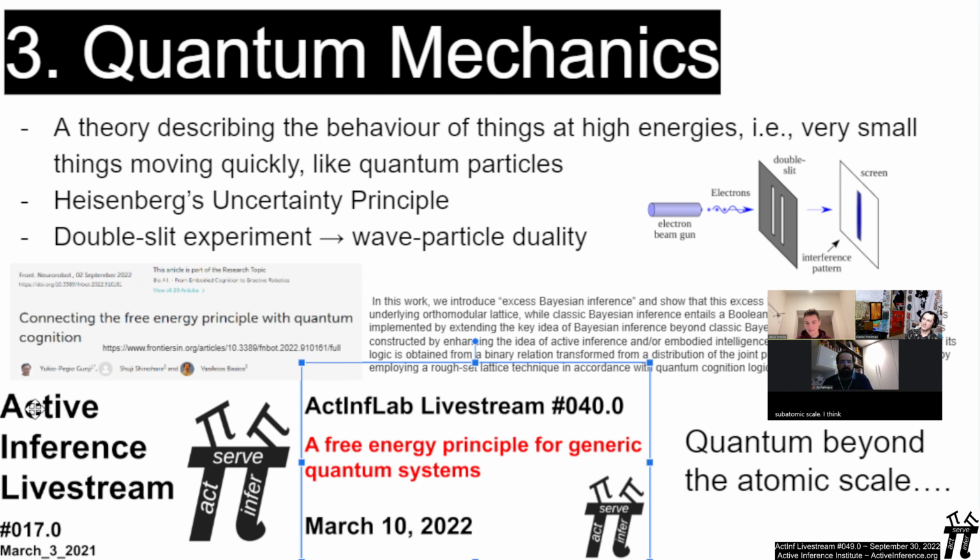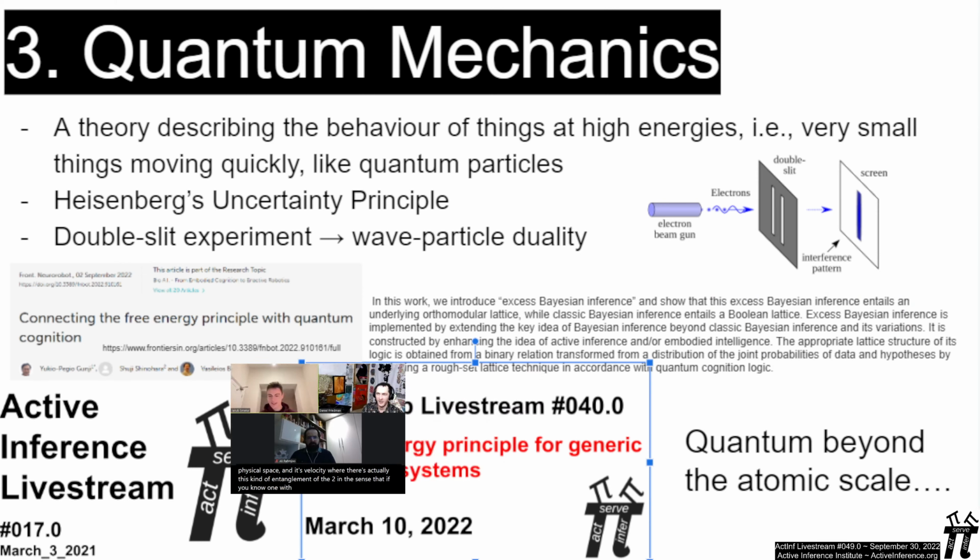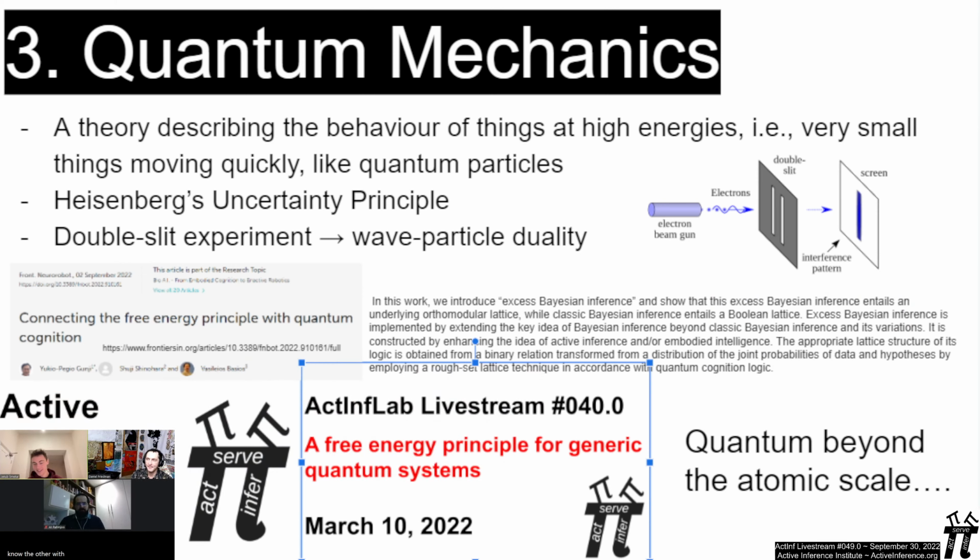I think one of the two major concepts to mention is Heisenberg's uncertainty principle, which states that when you have a subatomic particle, there's always an uncertainty on its position in physical space and its velocity, where there's actually this kind of entanglement of the two, in the sense that if you know one with certainty, you know the other with uncertainty, and vice versa.